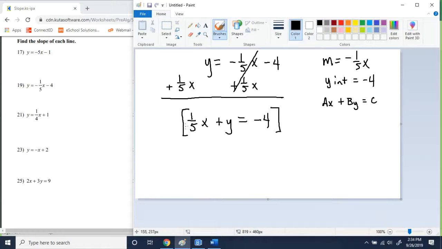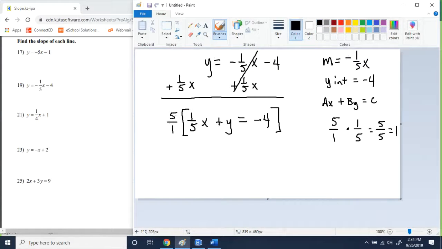What I'm going to do is multiply this denominator of 5 all the way through, because what I'm trying to do is get the x to a positive. I'm doing like the reciprocal of it. So if I do the reciprocal of 1/5, that's 5 over 1. So 5 divided by 5 is going to equal that 1 that I need for the x. And I have to multiply this 5 all the way through.